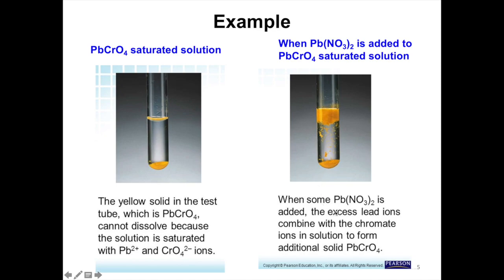The common ion here is the lead ion, Pb2+. So the concentration of lead ions, Pb2+, will increase. According to Le Chatelier's principle, lead ions will combine with chromate ions in solution to form additional solid. So the system will shift to the left to produce more solid, and the salt becomes less soluble.